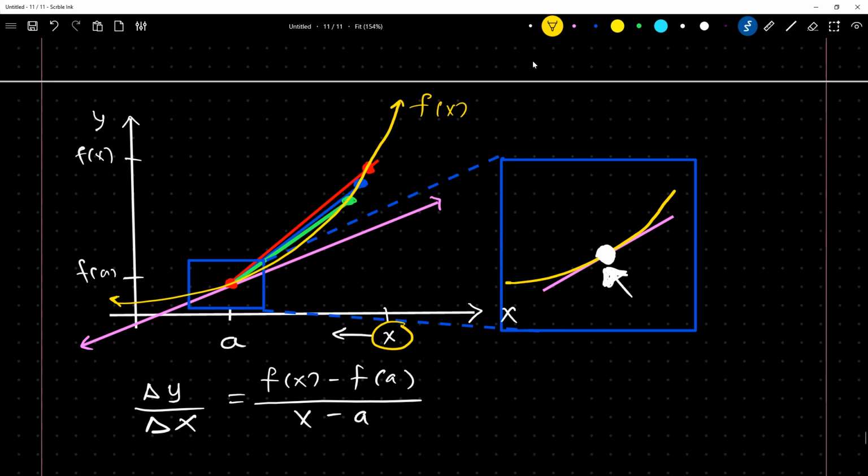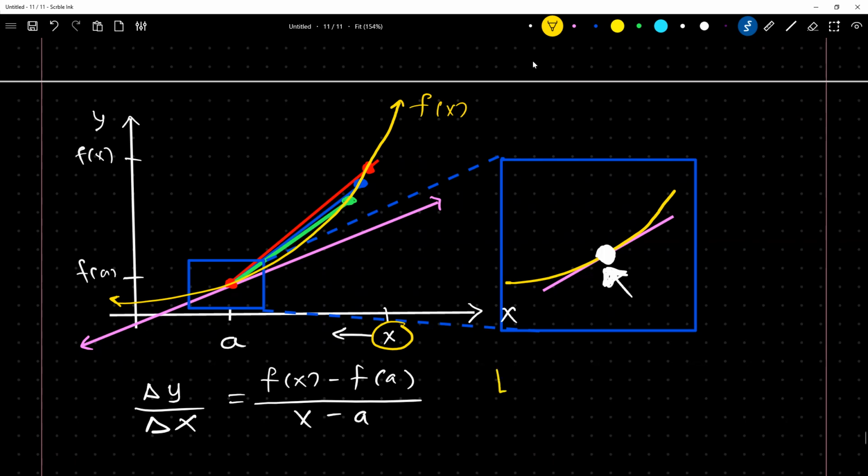Then I moved it again, I got this blue secant line that got me a better approximation, moved it again, got this green secant line, a better approximation, and I keep moving this point until it's almost exactly A. What that means is that we do something called the limit.